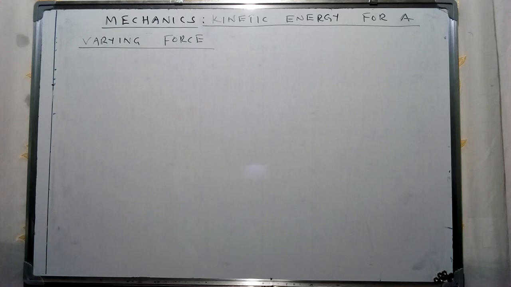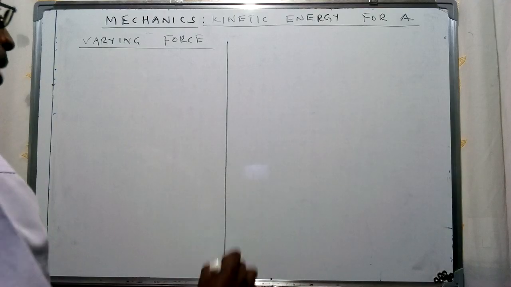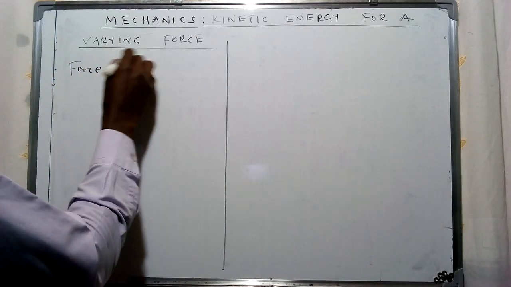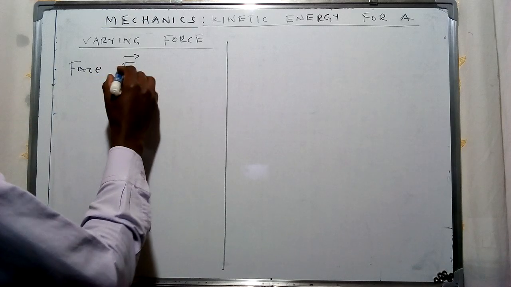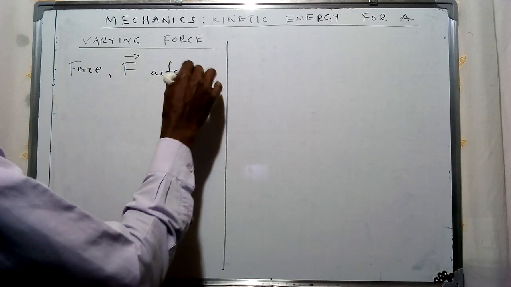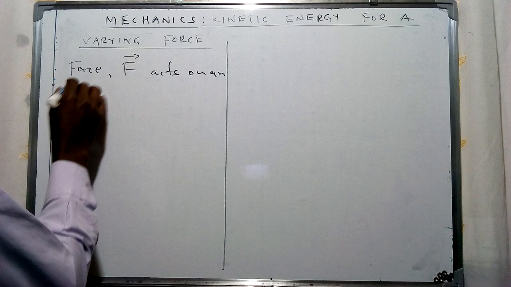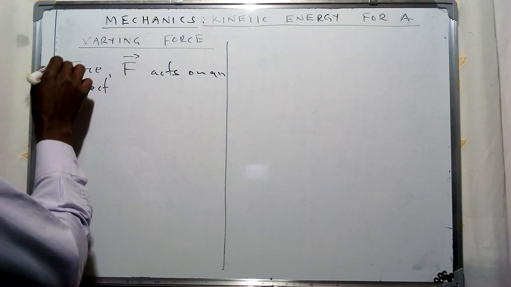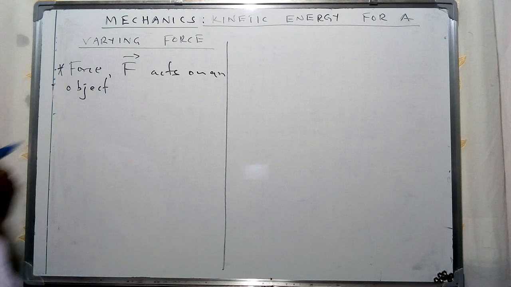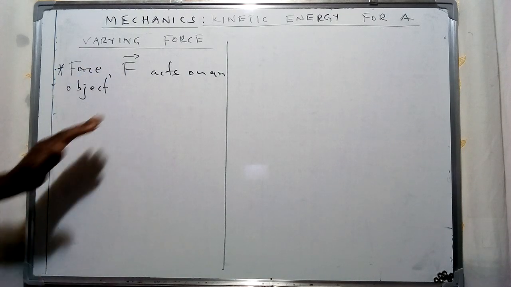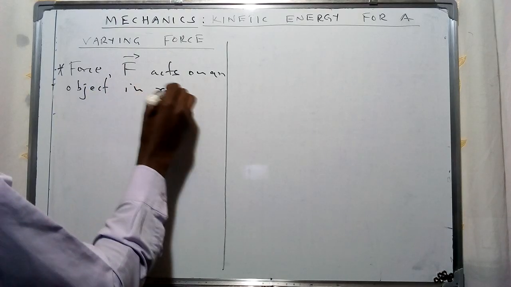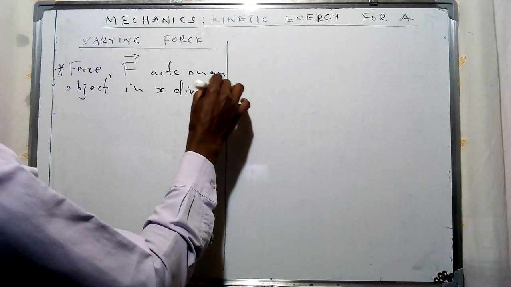Now, suppose we have a net force that is acting on a particle in a particular direction. So we can represent this specific aspect of a force using this particular initial. And if the force acts on an object, I can give this in a summary form. Suppose we have a net force that is going to act on a particular object in a particular direction, which we are going to give in the x direction.